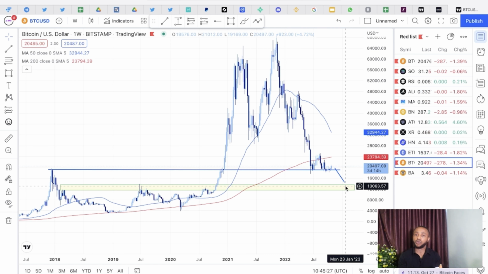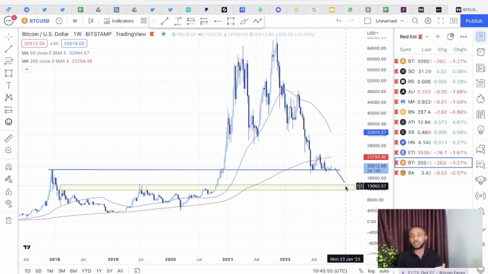Most people will be looking to sell in order to have cash with them. That is one of the reasons why the DXY, the US dollar index, is currently skyrocketing. The US dollar index is just the chart of US dollar strength, which has been increasing for the past few months.